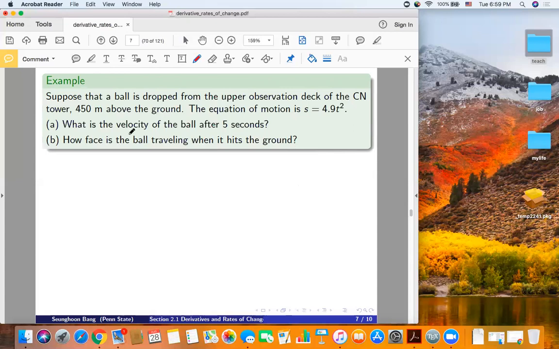The first one, the velocity v of t is the limit of f of t plus h minus f of t over h, as h approaches 0. We can use this formula. f of t is 4.9 t squared, the equation of motion. So it's the same as the limit as h approaches 0.